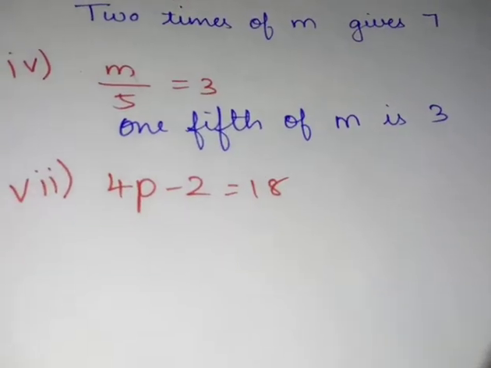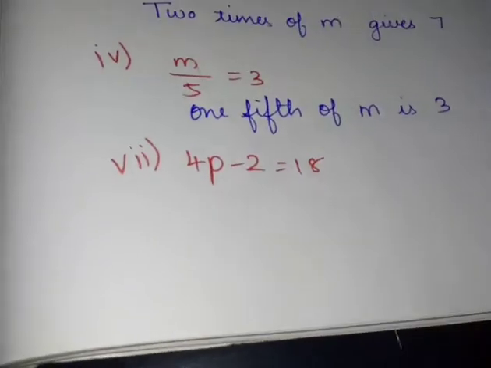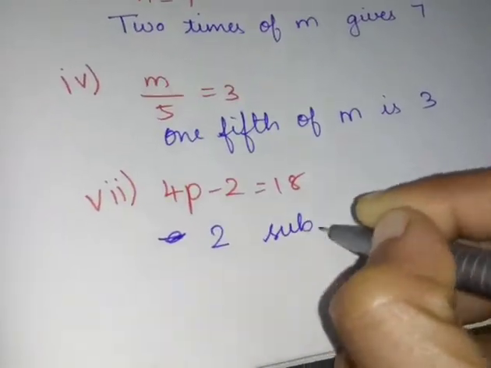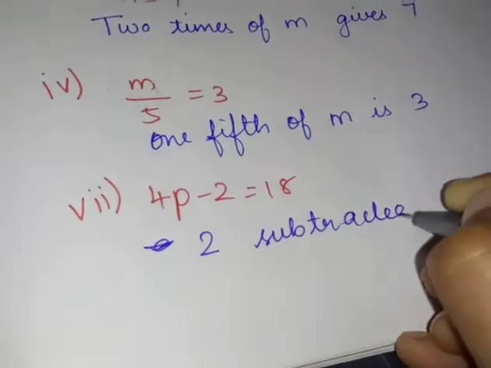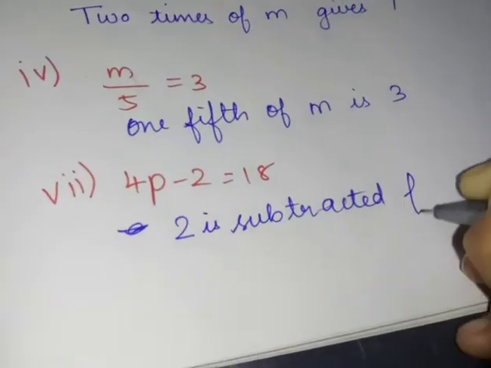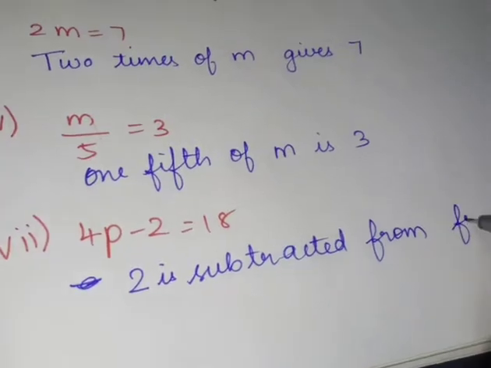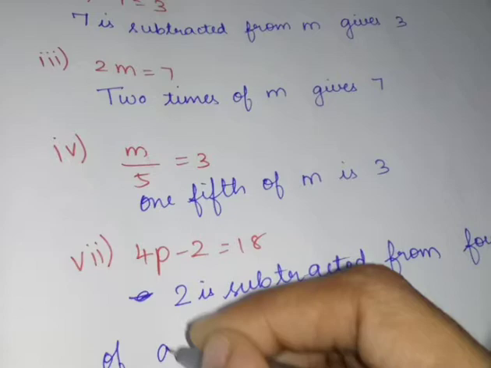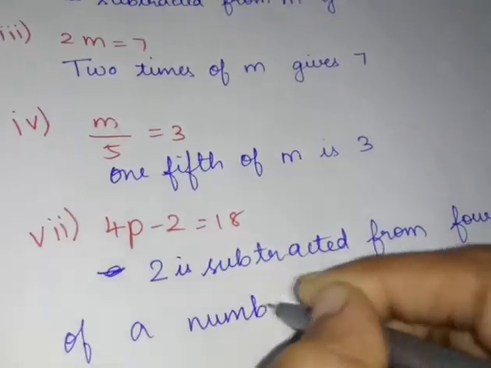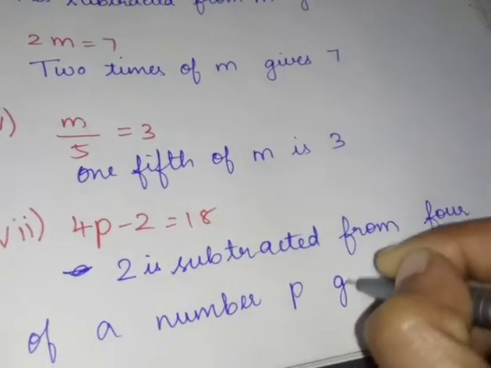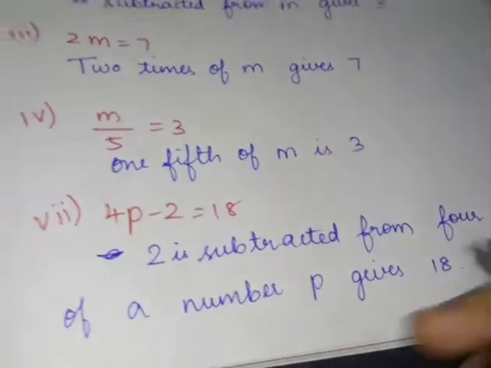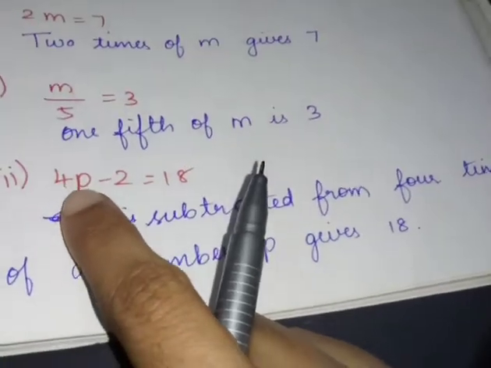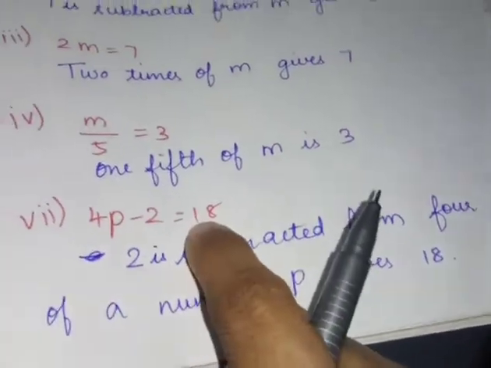How can we write it? 2 is subtracted from 4 times of a number P gives 18. You can write 2 is subtracted from 4 times of a number P gives 18.